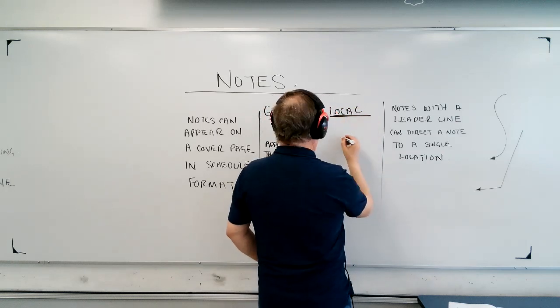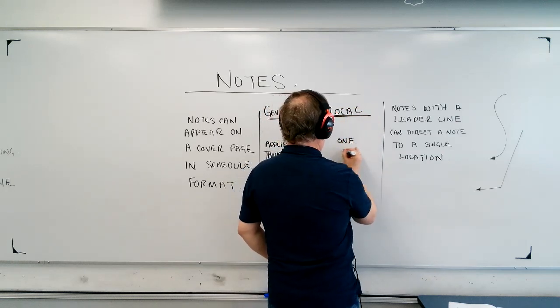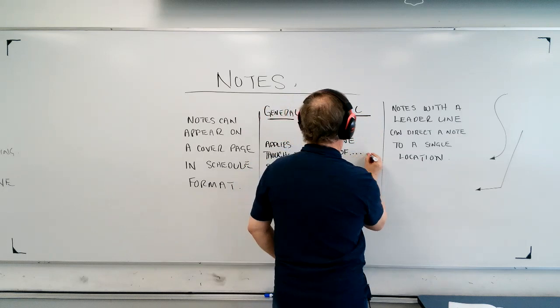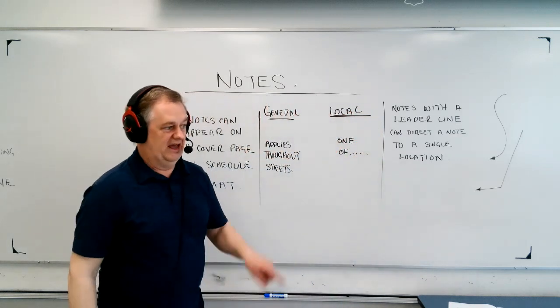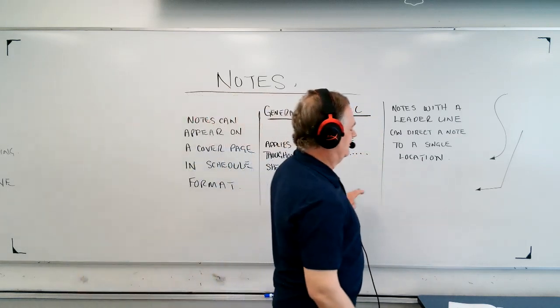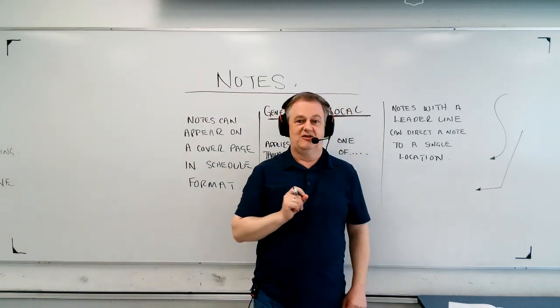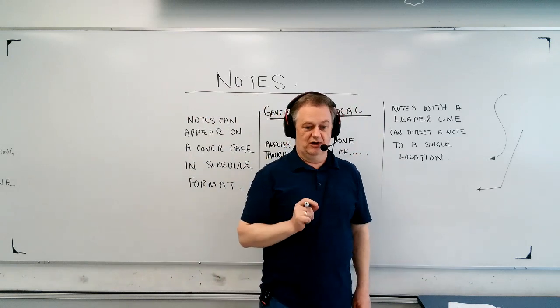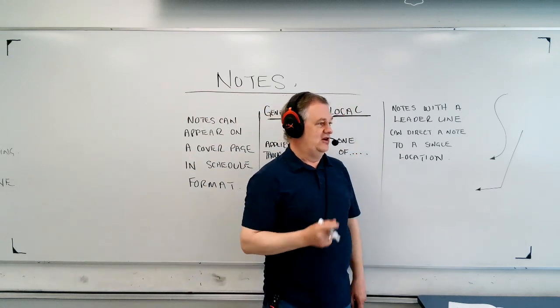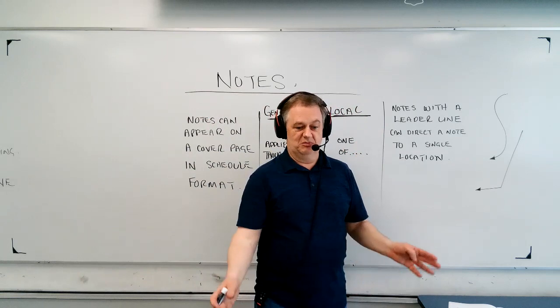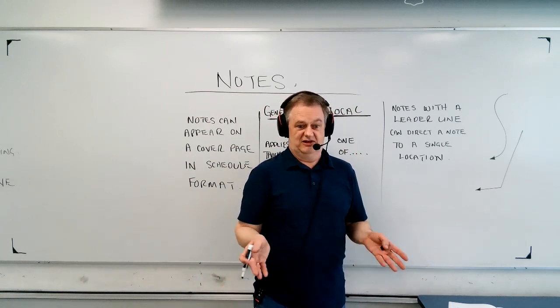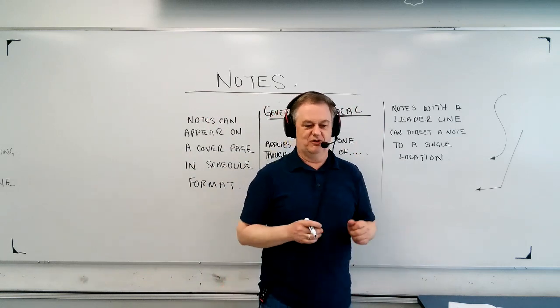Local. And these are one-ofs. So that note just applies in that spot. If you saw a little leader line that said this door needs to be 42 inches wide, and then you turn to the next page and you see another floor plan with what looks like the same door, you might think, oh yeah, those are supposed to be 42 inches.